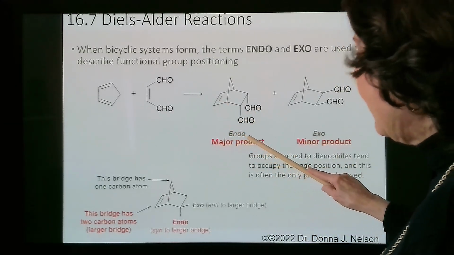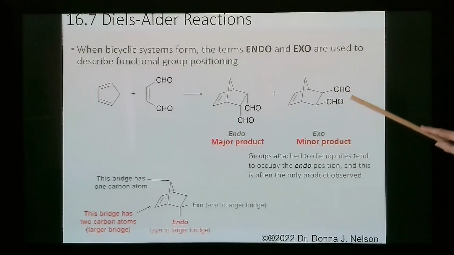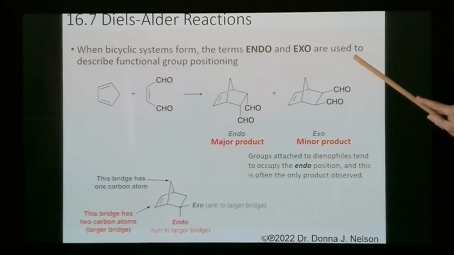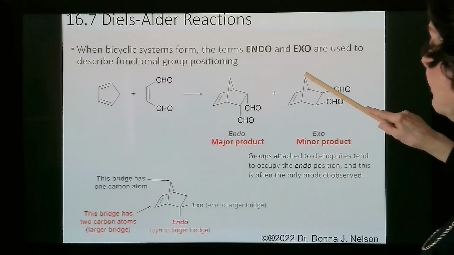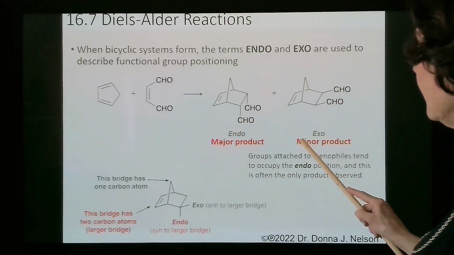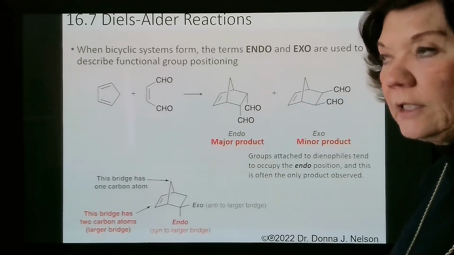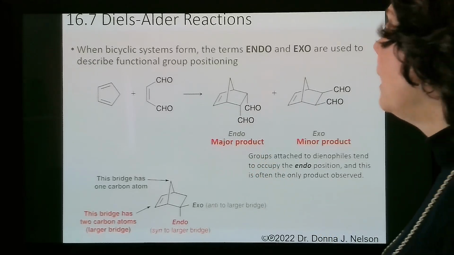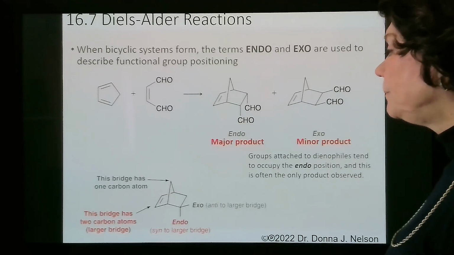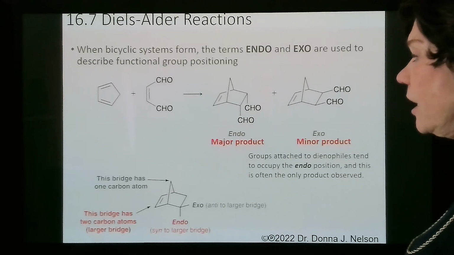The other stereoisomer, where the two groups are pointing up in closer proximity to the smaller bridge, is called exo. This is the minor product, this is the major product. That's not what you would expect just due to steric effects, but these electronic effects are overriding the steric effects.